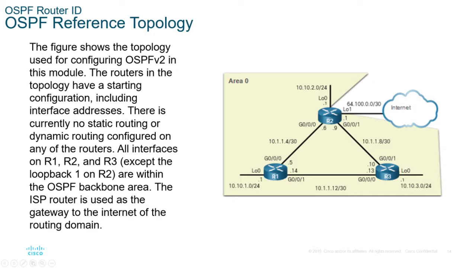If there's no loopback interface, then it looks at, say, if we're on router 2, GigabitEthernet 0/0 and 0/1, compares the two addresses, and goes, okay, which one's the highest? 10.1.1.9 is the highest IP address, so that would become the router ID for router 2, as long as both of these interfaces were currently in an up and up state. So that's how it defines its router ID.